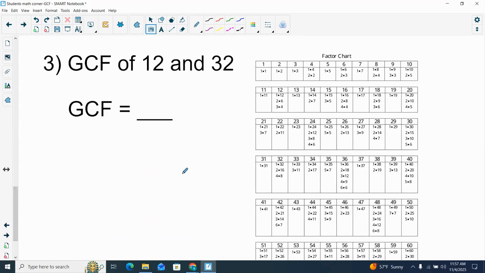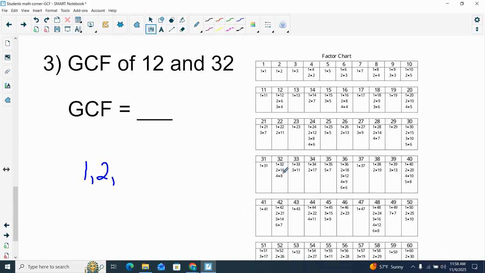And here's our last example. The greatest common factor of 12 and 32. So I've got 12 and I've got 32. So I'm going to write out the factors. Well, they both have a 1. They both have a 2. This one has a 3, but this one doesn't.